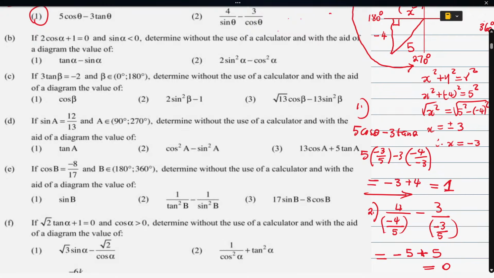Is it 0, learners? Can you confirm? Let me check on the comments. Is it 0? Let's see. Are you getting 0 on the last question? Yeah, so you need to be able to draw the Cartesian plane.